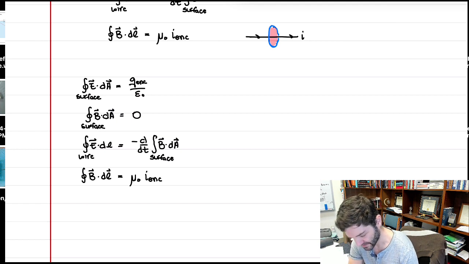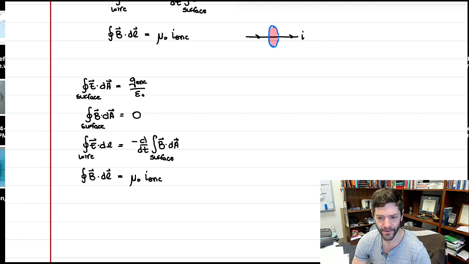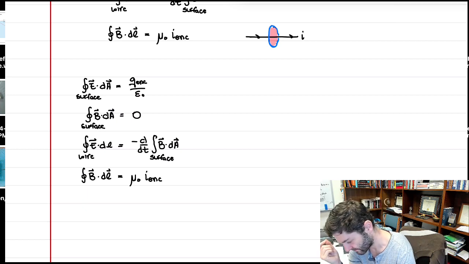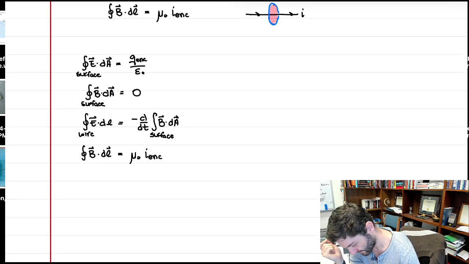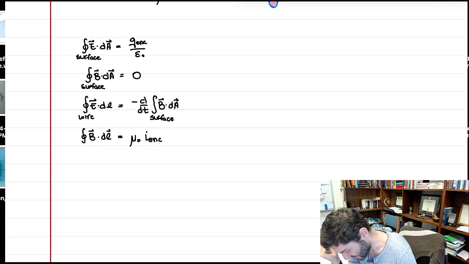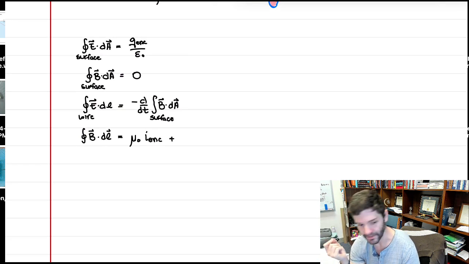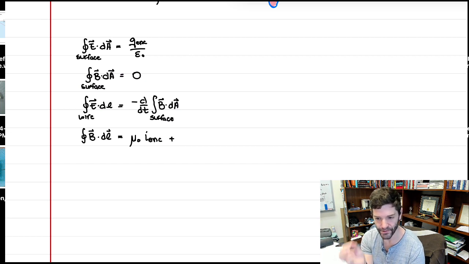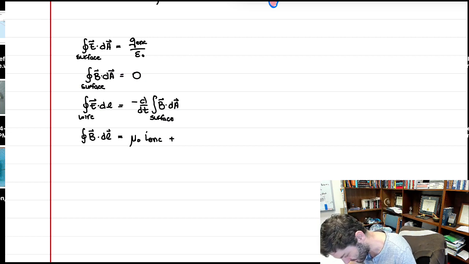Maxwell noticed this as well. James Clerk Maxwell then made the intuitive, insightful breakthrough that you can ensure amazing symmetry between these equations if you add one more term. If I have epsilon naught mu naught, then I add in here a time derivative of the electric flux.